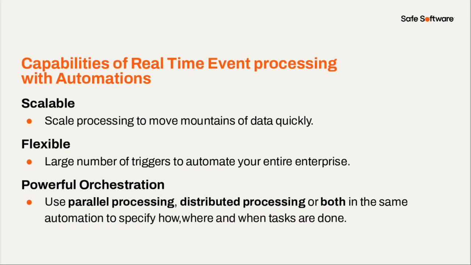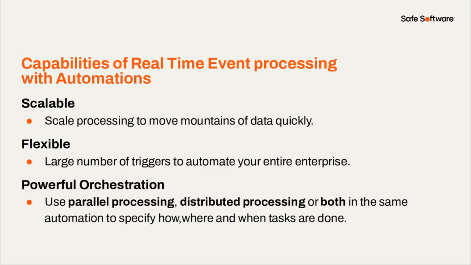Some of the capabilities of ours: scalable. You can scale processing to move mountains of data quickly. With our automations, Matt showed it was very simple, but we have some users who scale up the number of FME Workbench workflows being run simultaneously. So if you have a huge amount of data with automations, you can scale up many FME engines at the same time to move lots of data.